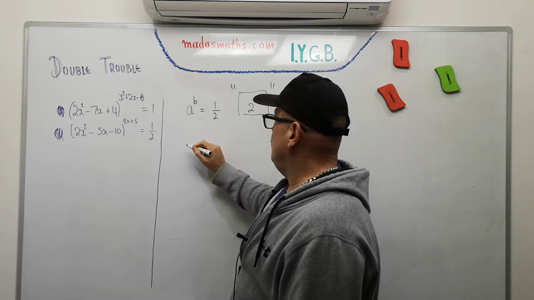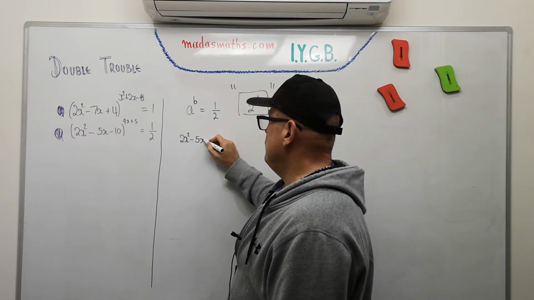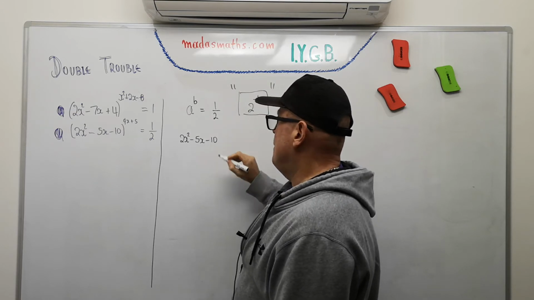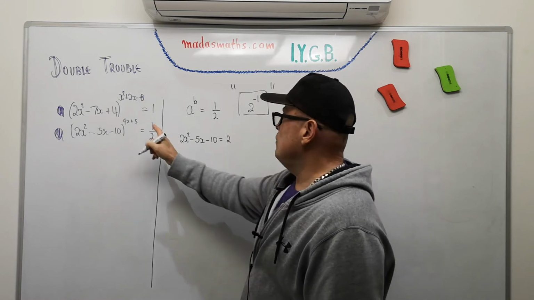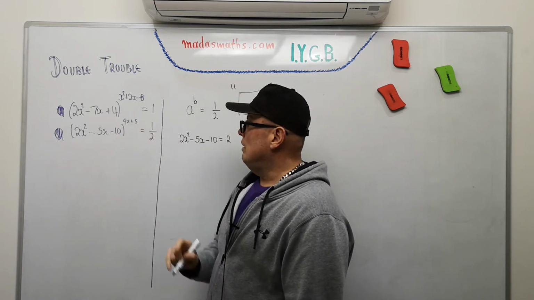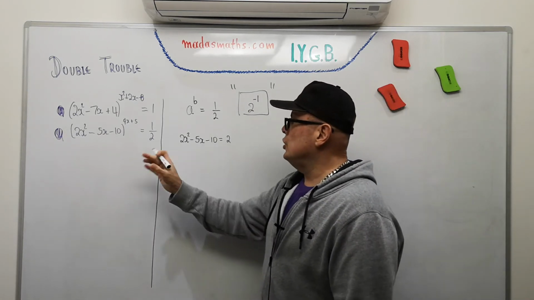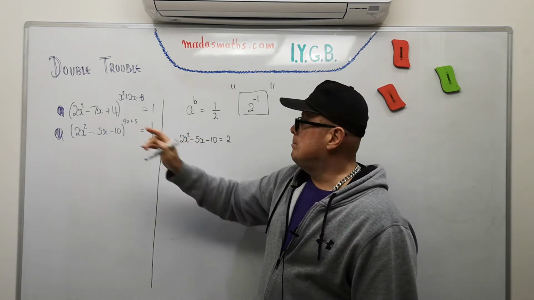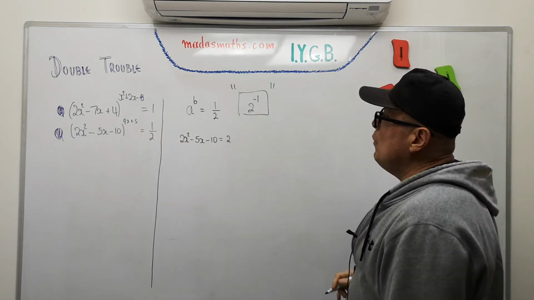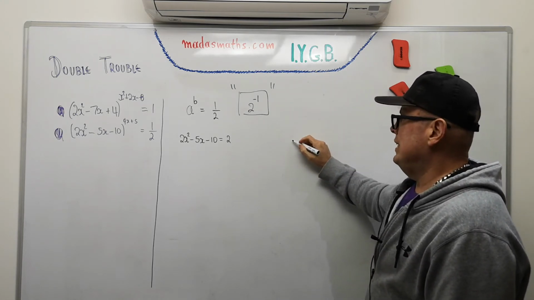So the base is 2. Are there any solutions to the equation 2x squared minus 5x minus 10 equal to 2? In fact, it would have been easier to start with this and actually verify the solution. I'm trying to do a little detour. I'm going to leave this equation as it is, and I'm going to start from the exponent. So the exponent, we want it to be equal to minus 1, because there's a quicker way of doing this.